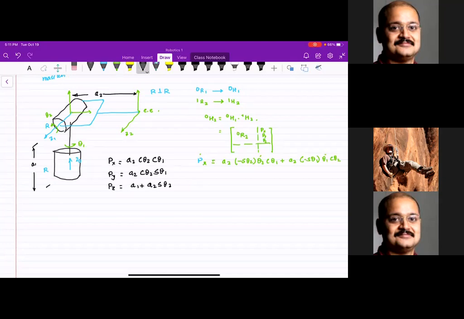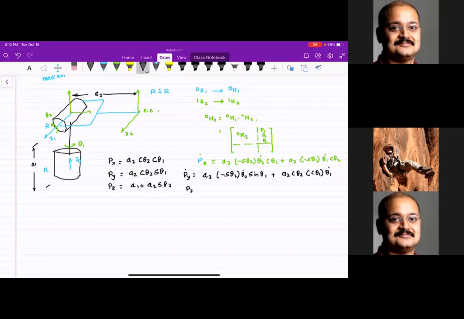Same thing for the second one. Py dot: A2 is constant, cosine theta 2, the derivative of cosine theta 2 is minus sine theta 2 multiplied by the derivative of theta 2, which is theta 2 dot, sine theta 1, plus A2 cosine theta 2, and the derivative of sine theta 1 becomes cosine theta 1 dot.